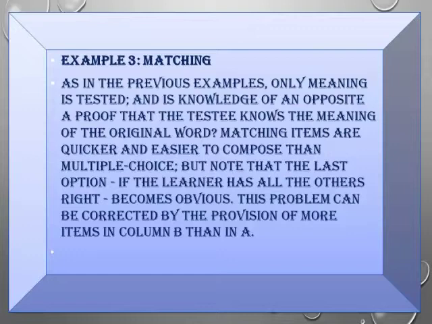Matching items are quicker and easier to compose than multiple choice, but note that the last option, if the learner has all the others right, becomes obvious. This problem can be corrected by the provision of more items in column B than in A.